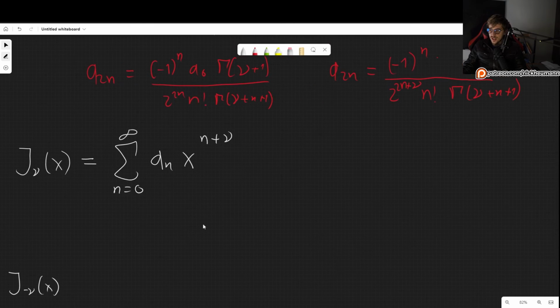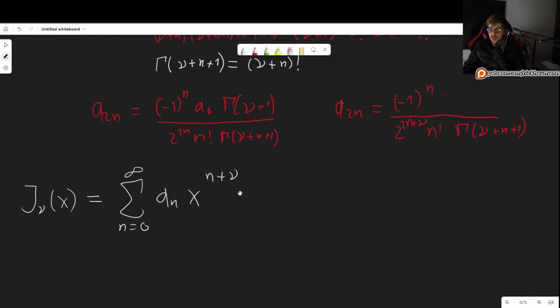So let's begin with J nu. Here we know that we don't have a result for an, we have a result for a2n. So we can simply relabel n to 2n, and now we can plug in our result. Let's begin with all of our constants that don't depend on n. We can take out, first of all, x to the nu, right? That doesn't depend on n.